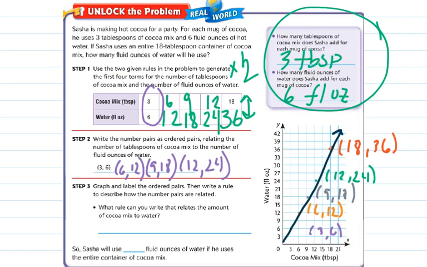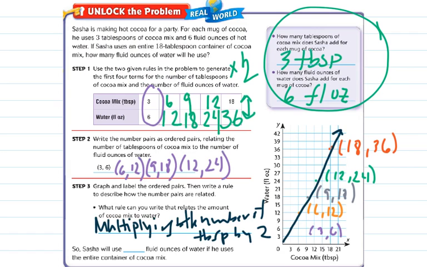So now it says, what rule can you write that relates the amount of cocoa mix? Well, what we're doing is multiplying the number of tablespoons by 2. So Sasha will use 36 fluid ounces of water if he uses the entire container of cocoa mix.